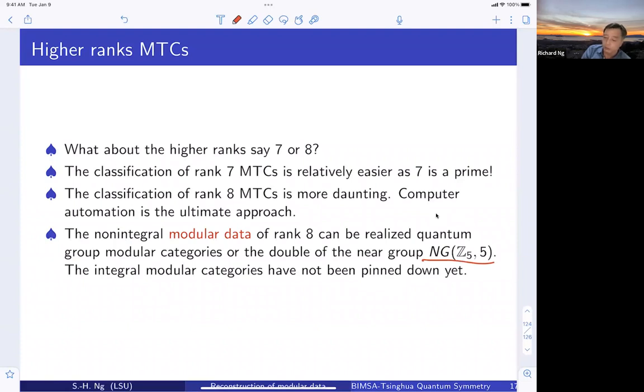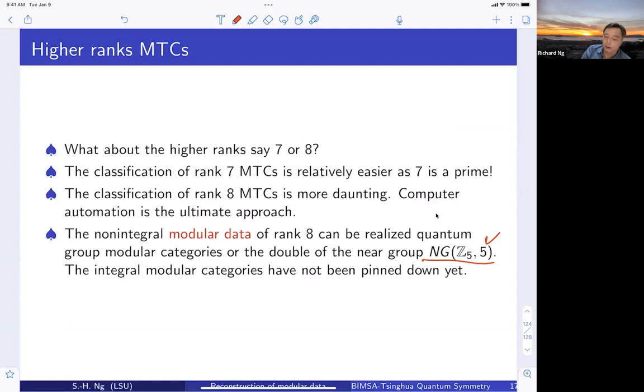It's the double of the abelian group C5 with coefficient 5. Inside there, there's a decomposition, or you can say it's the adjoint subcategory, which is the modular data of rank 8. This one took us a while to realize, but in the end we realized it. All of them are this type. So for the integral ones, we haven't pinned down the complete list yet.